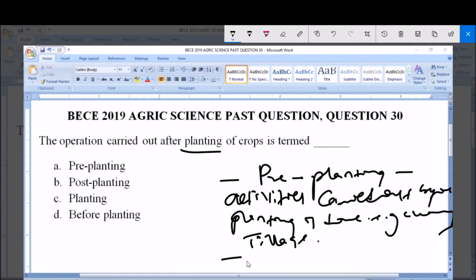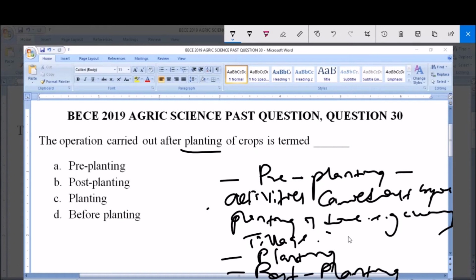Then, after these pre-planting operations, we now go for what? We now go for planting. That is, the soil is now prepared for planting of the crops. Then, after planting, the next operation is what we call the post-planting operation. We call it the post-planting operation because it is done after planting.